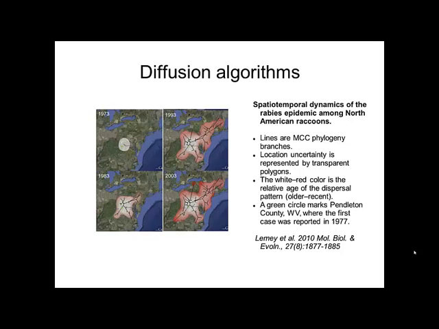Don't worry about the details, but if you want to look it up, you can look up this paper. So basically he maps things like the spread of rabies variants and things like that.